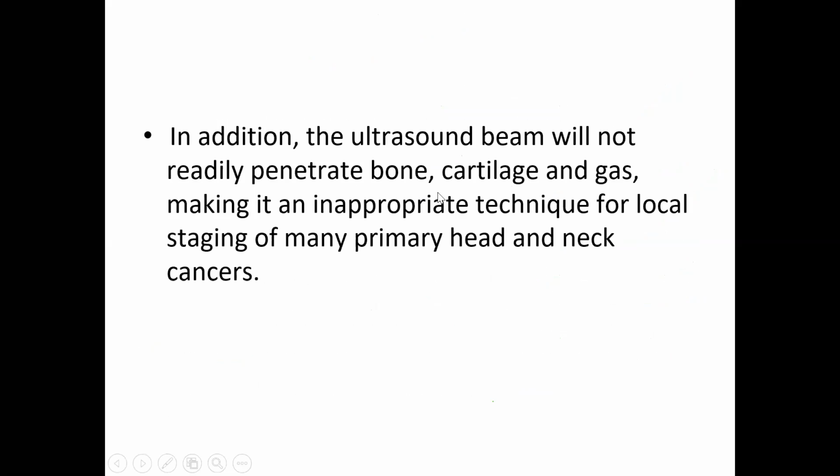In addition, the ultrasound beam will not readily penetrate the bone, cartilage, and gas, making it an inappropriate technique for local staging of many primary head and neck cancers. So the ultrasound beam will not readily penetrate bone, it is not useful. Cartilage, it is not useful. And gas also is not very useful, like in the lungs. So bone, cartilage, gas are not at all useful.